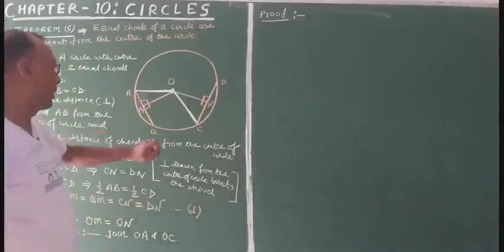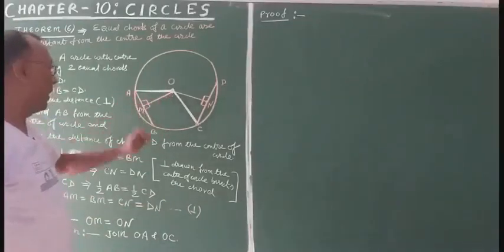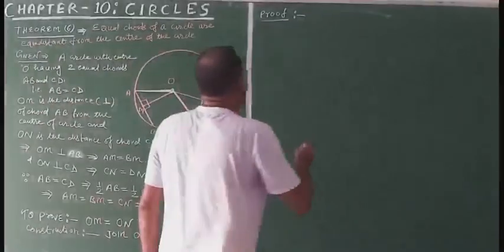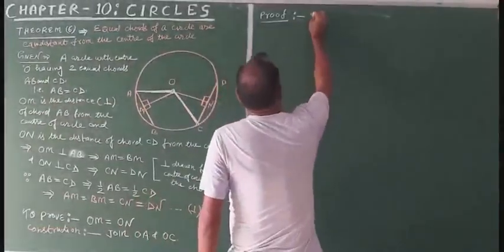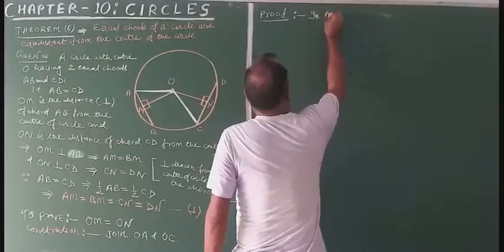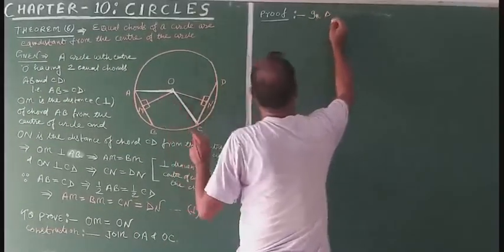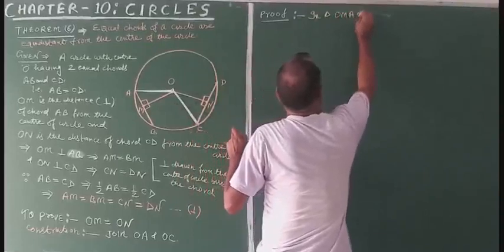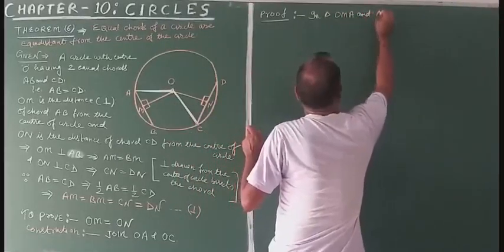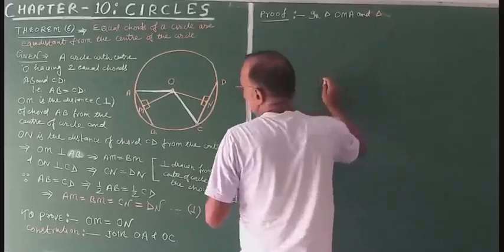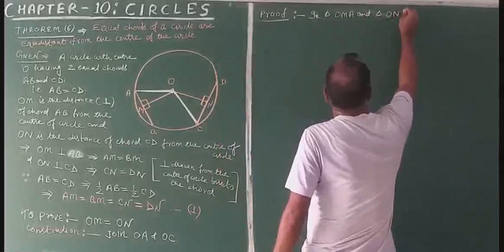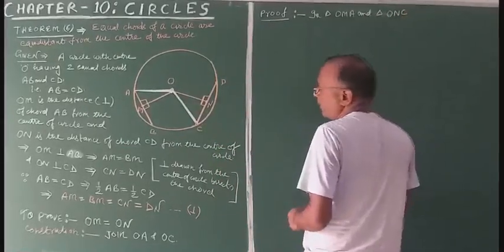Now you have two triangles, OMA and ONC. In triangle OMA, just right here, and another triangle is ONC. ONC. Is it there?